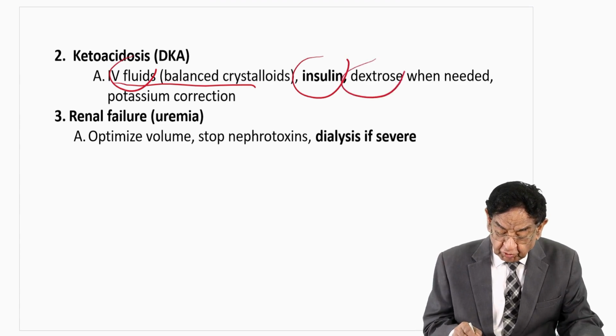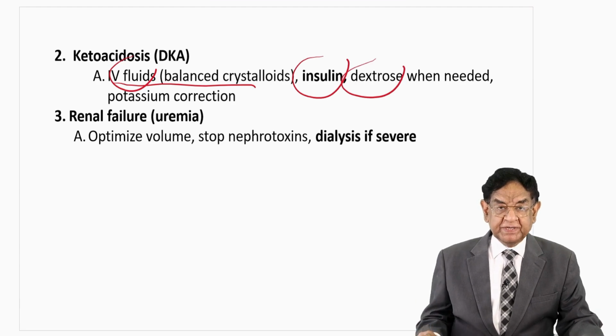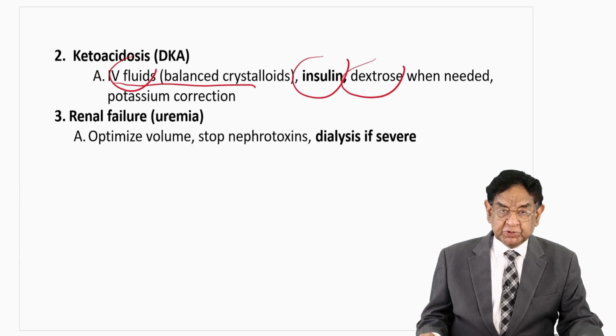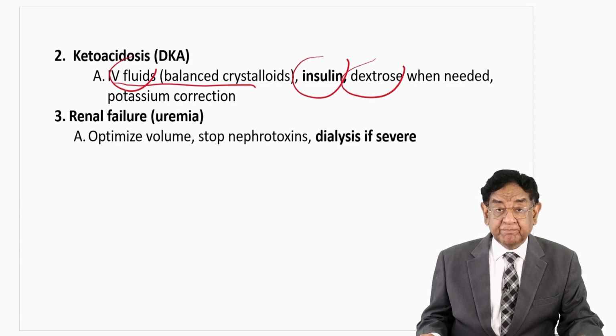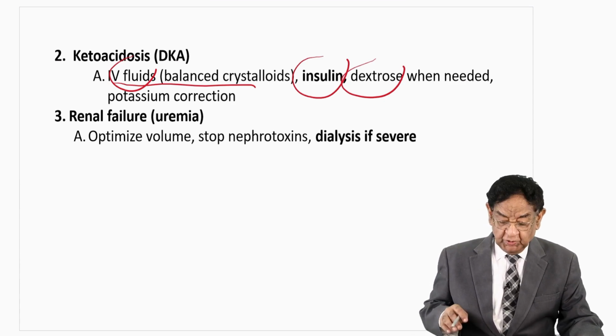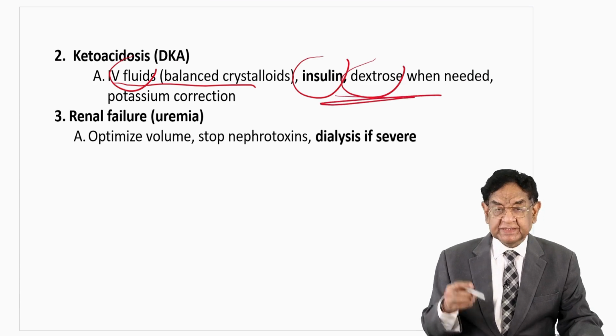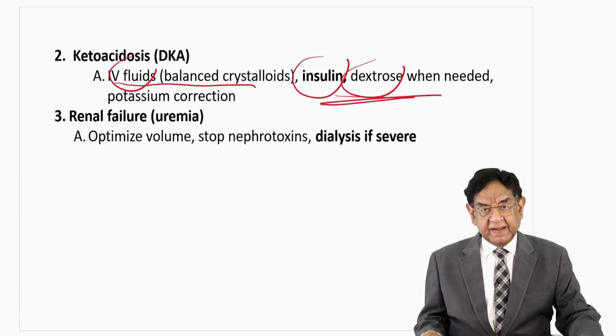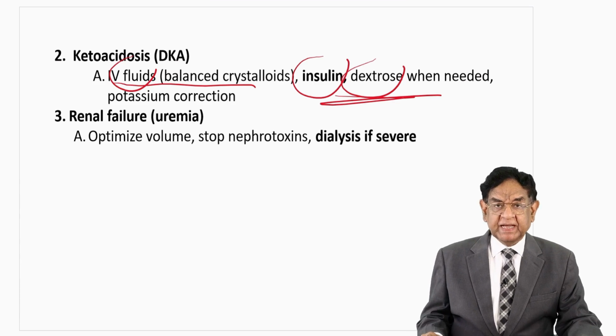And dextrose also. At one time when we are treating a case of DKA, sugar starts going down very fast. A time will come when we may have to replace dextrose also. Why and how, you can see in detail in my lecture on diabetic ketoacidosis, in my diabetes lecture in Smart Medicine.